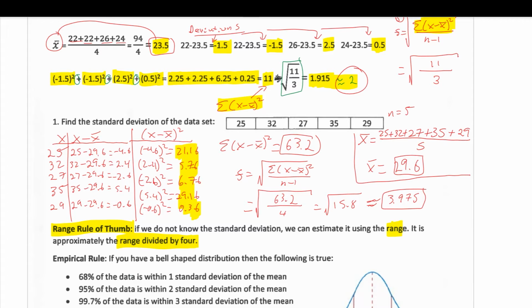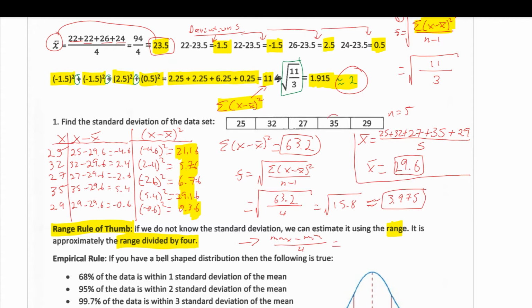If you have access to all the data, then of course do it the correct way. But if you just have the minimum value and the largest value, you can essentially get pretty close. So in our case, for the previous problem, the range is the maximum minus the minimum, divided by 4.